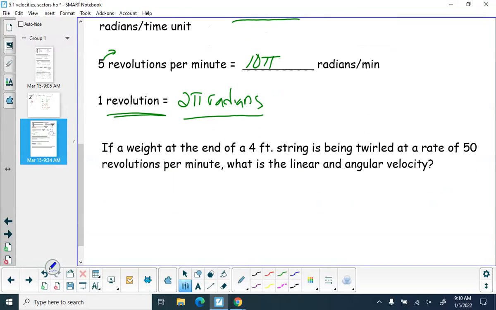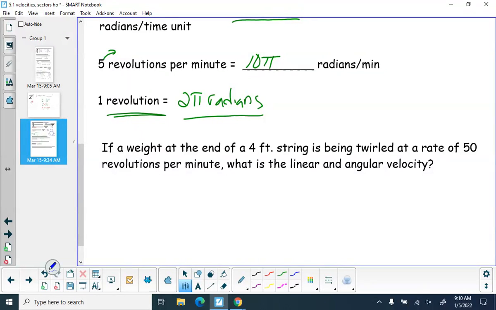If the weight at the end of a 4-foot string is being twirled at a rate of 50 revolutions per minute. Okay, I got a string, I got a weight on it. I'm just spinning around. I have a string here, and I'm just spinning this weight around. What is the linear and angular velocity of this?